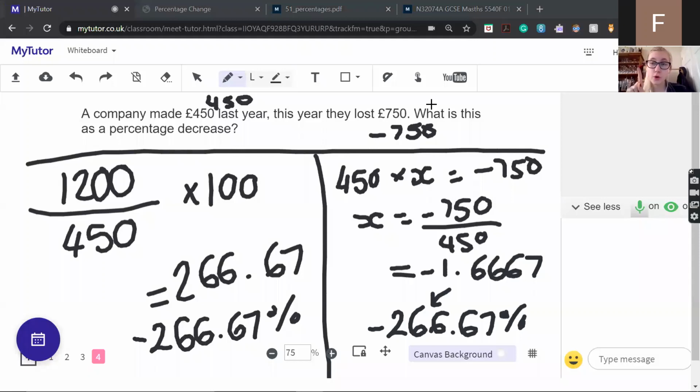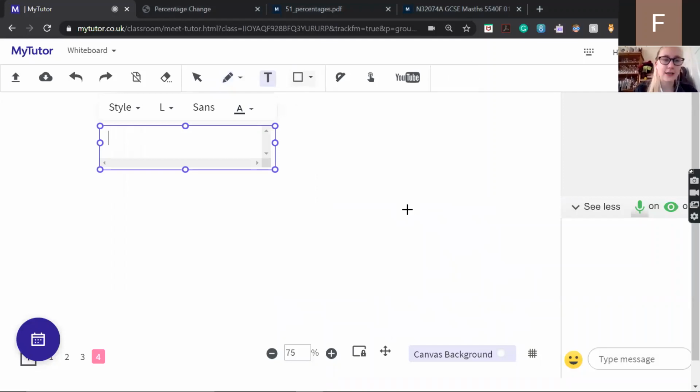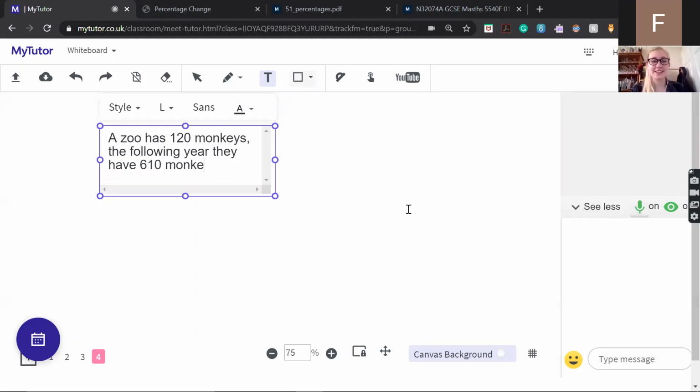And I'll just do one more where you have to calculate a percentage increase. For example, let's say a zoo has, let's make it more interesting than 100, 120 monkeys. The following year, they have 610 monkeys.